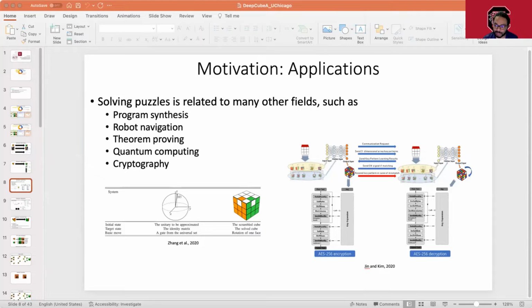You have to actually find a solution in an intelligent manner. And we are doing this without any domain-specific knowledge about the cube. So we are trying to have some domain-independent method that can actually solve these pathfinding problems. So not only do we use the Rubik's Cube, but we use other puzzles as well. And then we hope to transfer this over to different domains, such as problems in theorem proving and chemical synthesis.